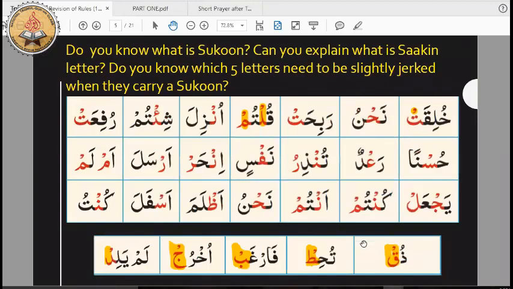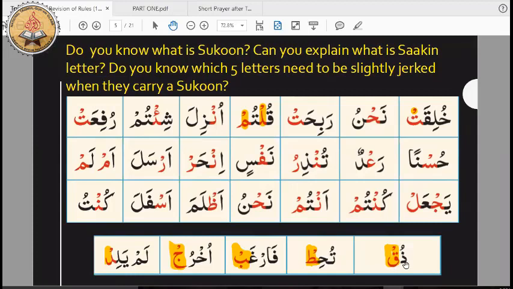Those 5 letters are Qaf, Ta, Ba, Jim, Dal. Okay, these are the 5 letters that when they have a sukoon on top of them, then you need to join the previous letter to that letter with a bit of a jerk sound.